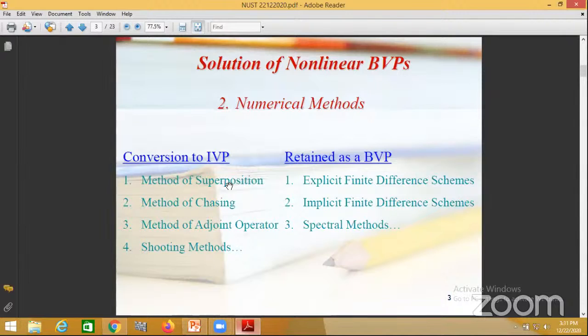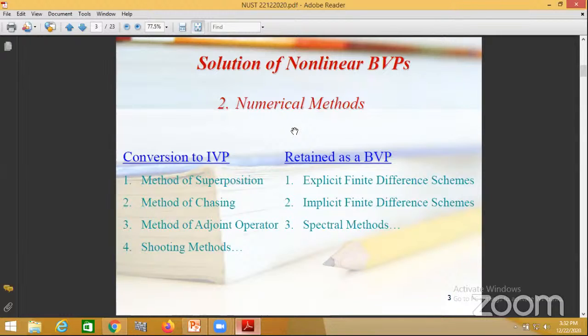For this purpose, there are the method of superposition, method of chasing, method of adjoint operator, and one of the most famous shooting methods, which combines the RK method of any order with the shooting algorithm. These methods are all used where boundary value problems are reduced into a system of initial value problems.